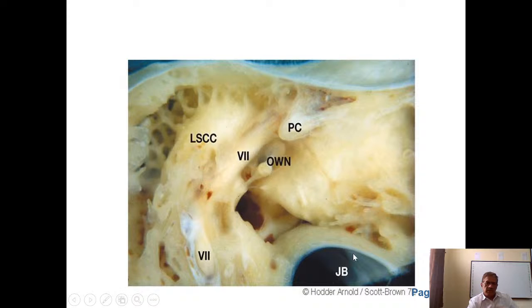That is the floor of the middle ear cavity, and that is the stapes, and that's the footplate of the stapes, and then that is the oval window, and just above the oval window, that's the round window, sorry. Just above the oval window, you have the facial nerve, and just above that there is the lateral semicircular canal.